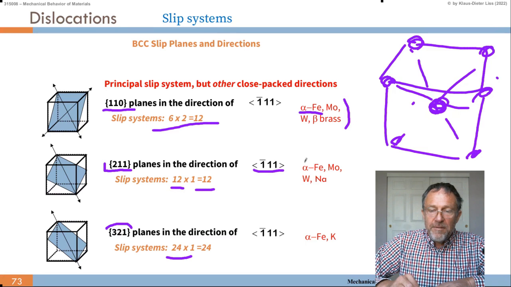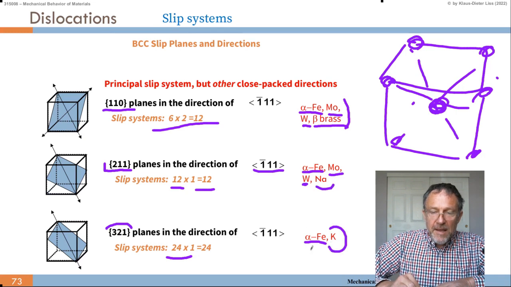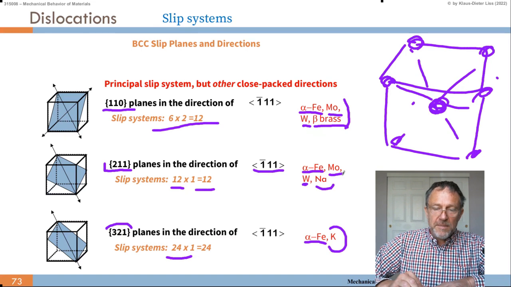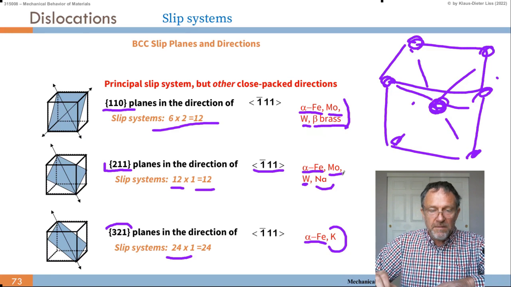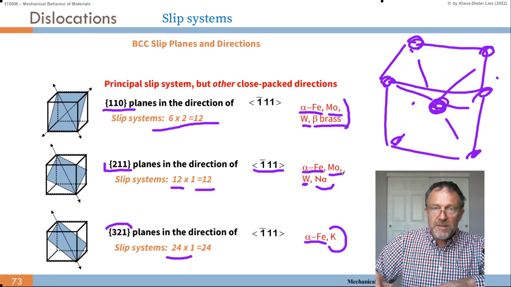So alpha iron uses this slip system, but also that slip system and the third one. Molybdenum only uses 2 slip systems, tungsten also 2, beta brass only 1, and if you go to sodium, potassium, they use one of the other slip systems. So it depends very much on the nature of the bonds and also thermal activation.